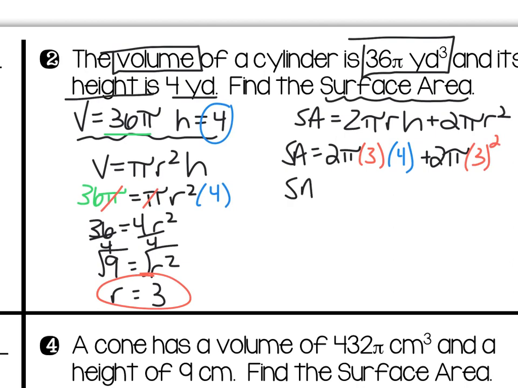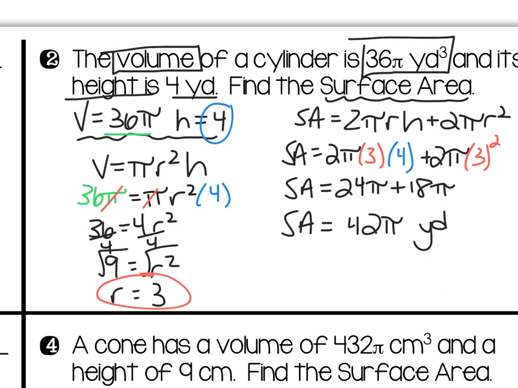So surface area equals 24 pi plus 18 pi. So surface area equals 42 pi. And I'm going to be really good and put my units, yards squared. Now let's look at cones.